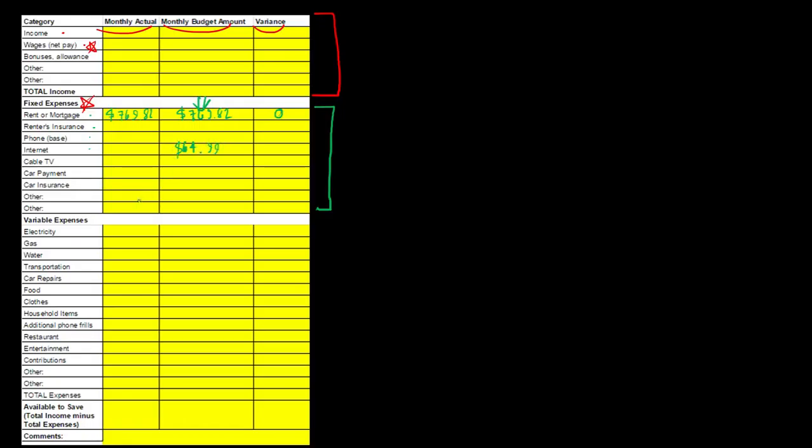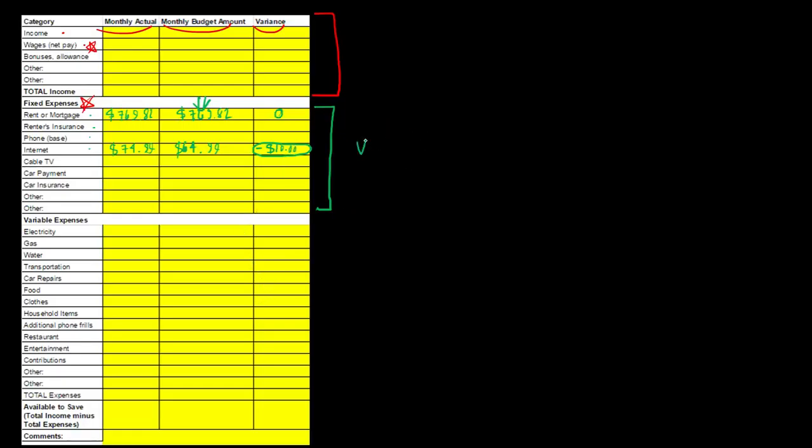But let's say I forget to pay the bill, I pay like 2 weeks late, and they've slapped on a late fee. So now I've budgeted $64.99, but thanks to that late fee, I end up spending $74.99. So that's not a 0 variance, right? So I take the difference, and the difference is 10. So I have a negative variance of $10.